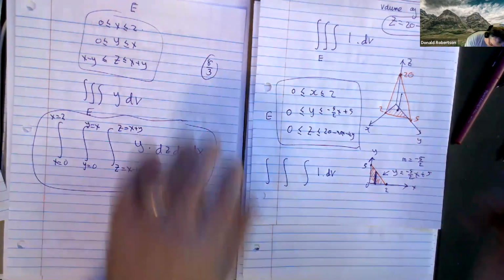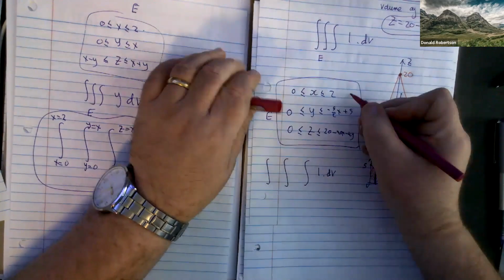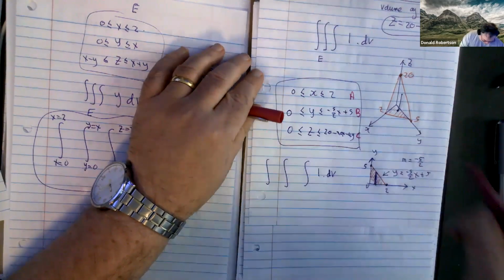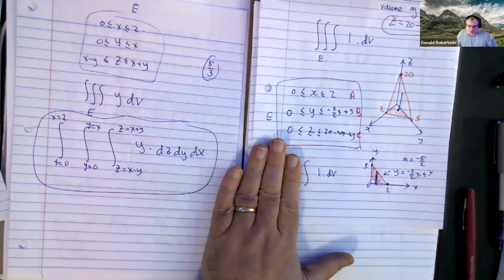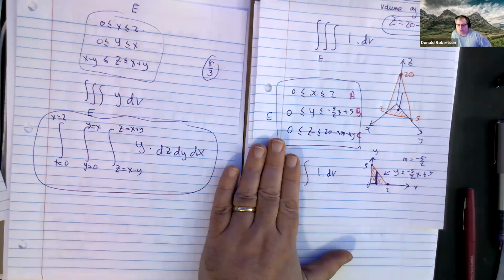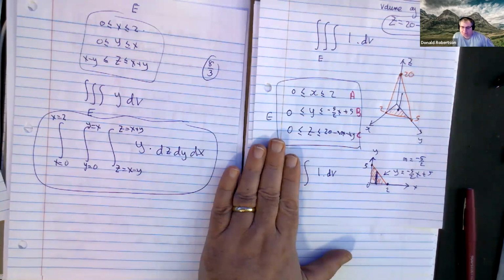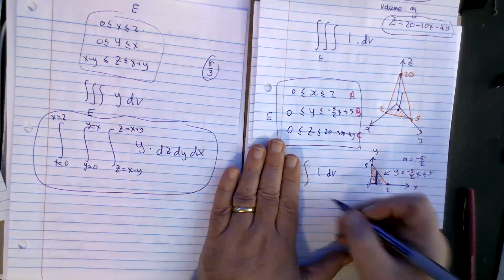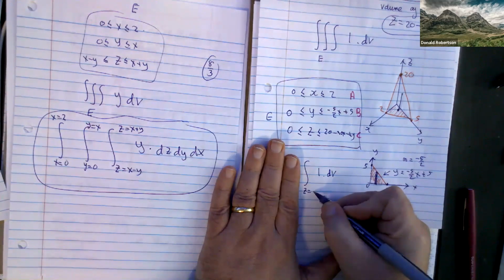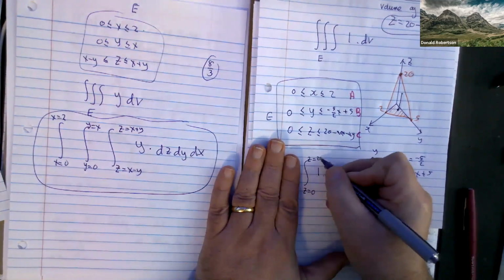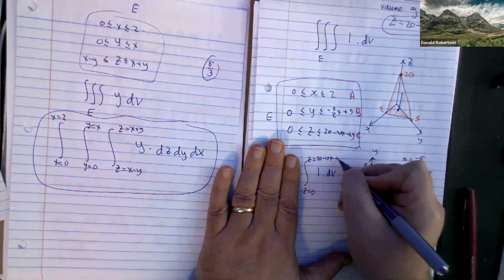Okay, let's call them A, B, C. Which one goes right next to the d-something, the innermost limit? A, B, or C? What limits of integration go there? The ugly one. Okay, and the ugly one is definitely the z, C. So z goes from here to that guy.